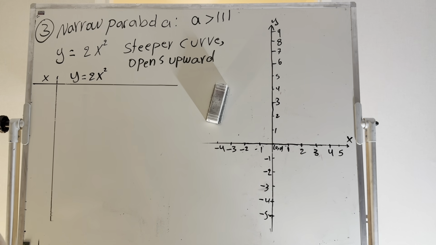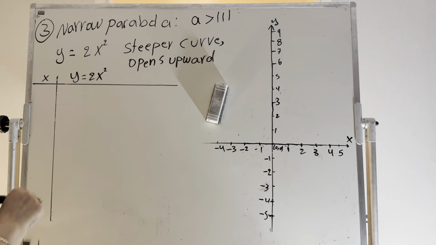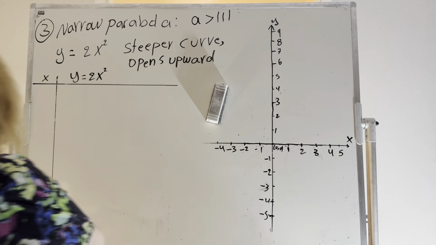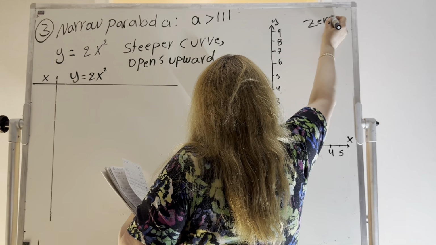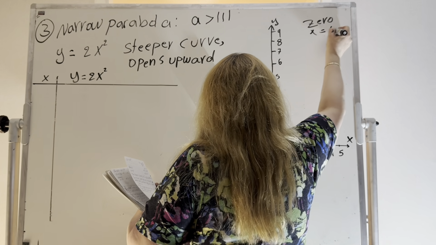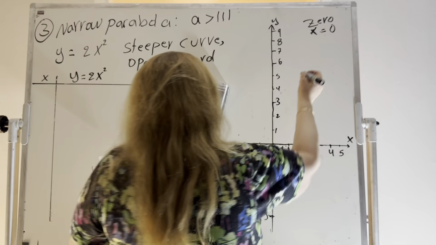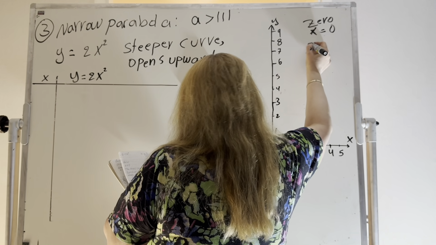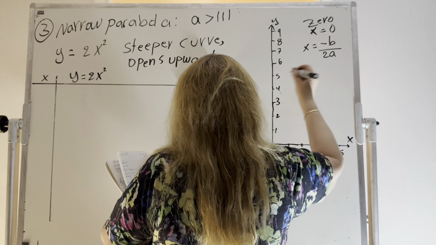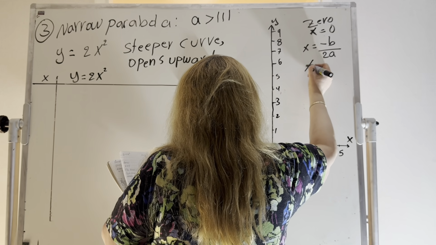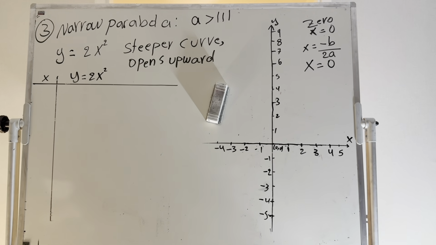Now I know when x equals 0, y equals 0. Using x equals minus b divided by 2a, there is no b, so the symmetry line equation is x equals 0.